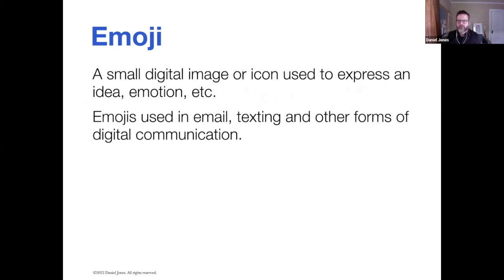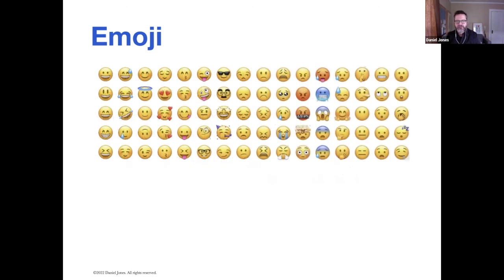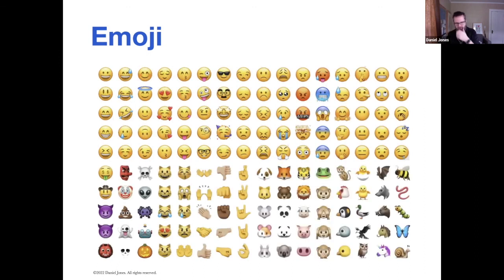Emojis are heavily used in texting, but you can also use them in email as well. And there are lots of different ones. It's not just facial expressions. There are all different facial expressions, but there are also animals and vehicles and cars and objects.